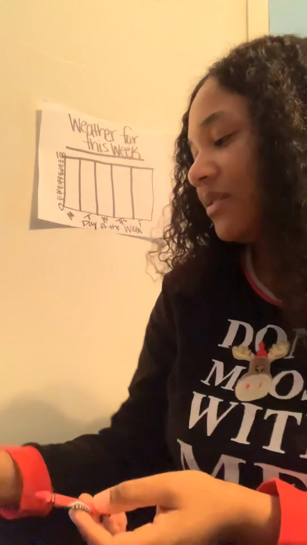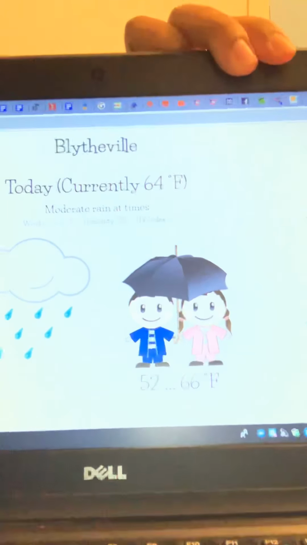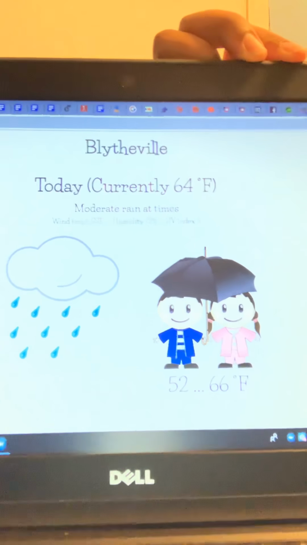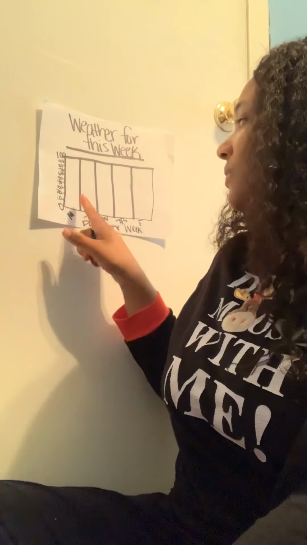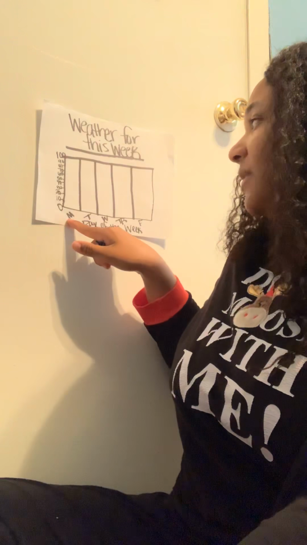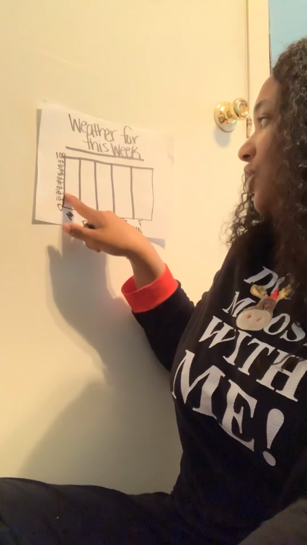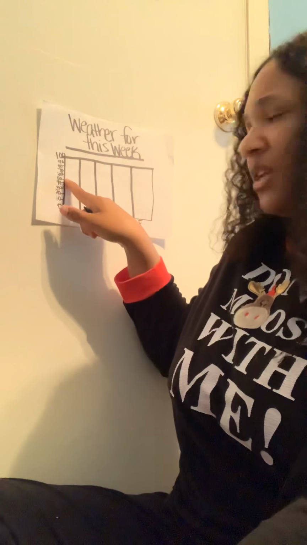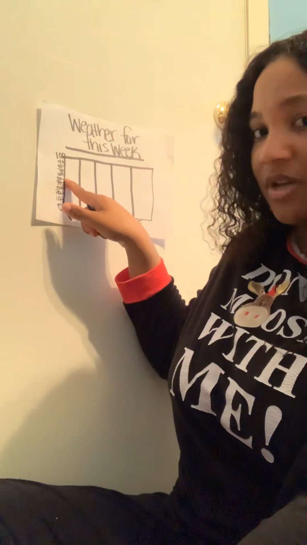If we go back to the screen, what is our low for today? 52 degrees. That is our low. So I know that I need to go to Monday. Today is Monday, so I'm on M. Then I'm going to go up and count until I get to 52. 10, 20, 30, 40, 50, 60. Whoa. Is 60 52?